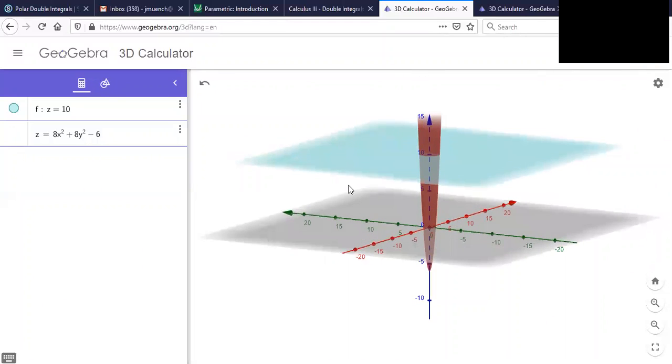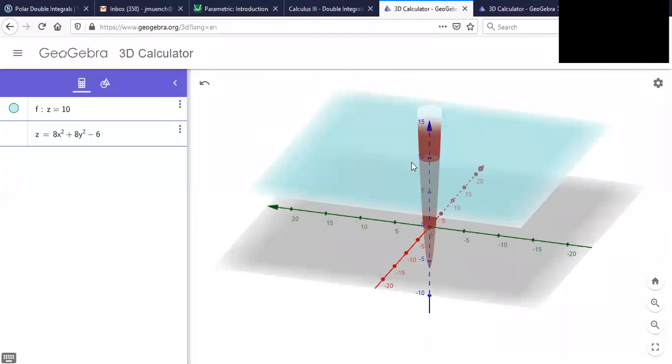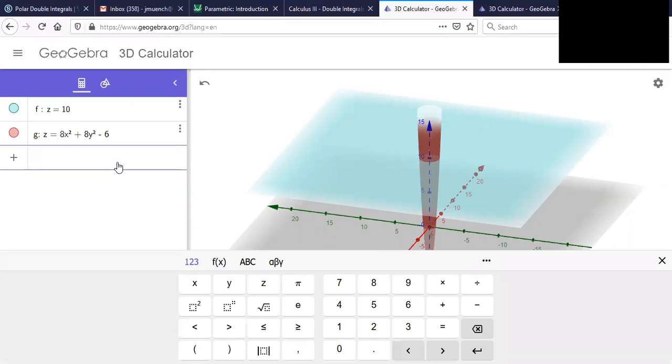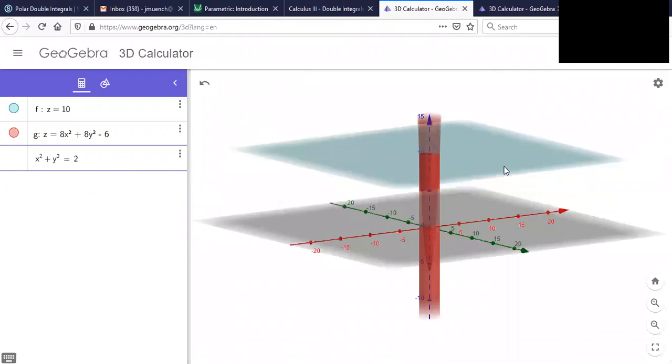So here, this is the region that we were looking at. You can see this is where these things meet. This is our x squared plus y squared equals 2. If I punch that in, you can see this is generating just the cylinder where those meet.